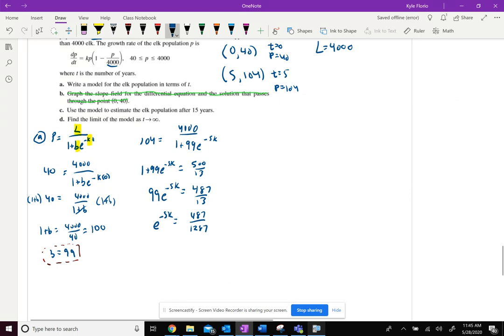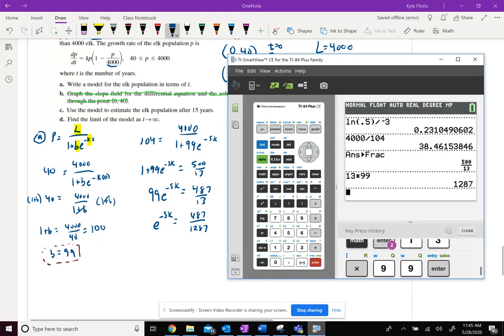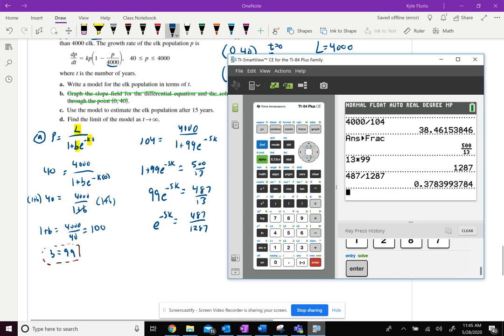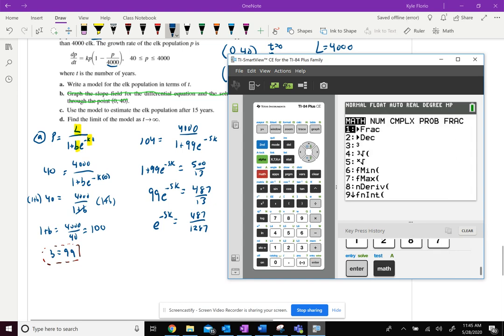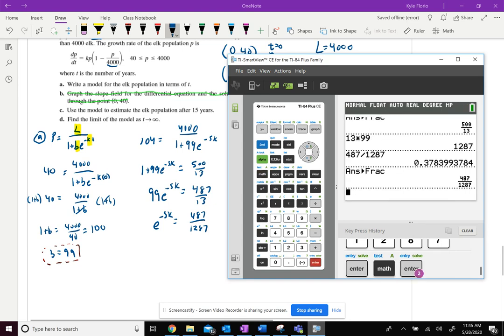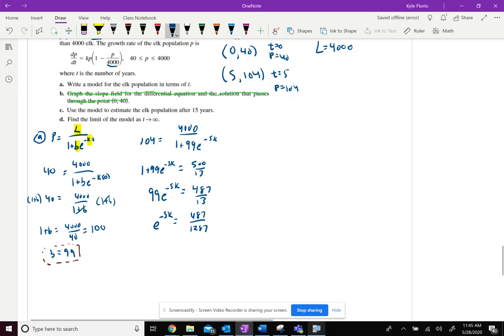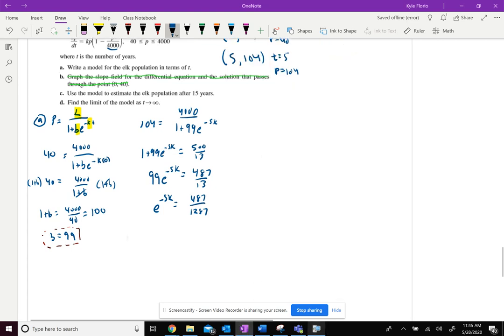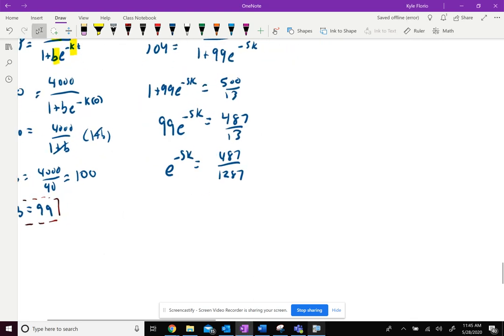Can I simplify that, 487 divided by 1287? Nope, it doesn't simplify. And you could take the natural log of both sides now. I can bring the e to the -5k to the other side to make it e to the +5k.